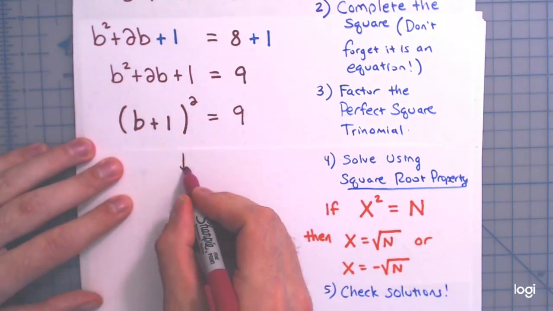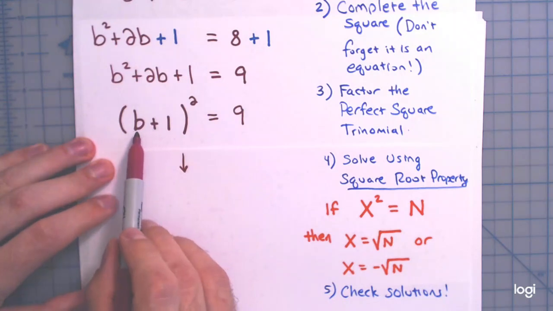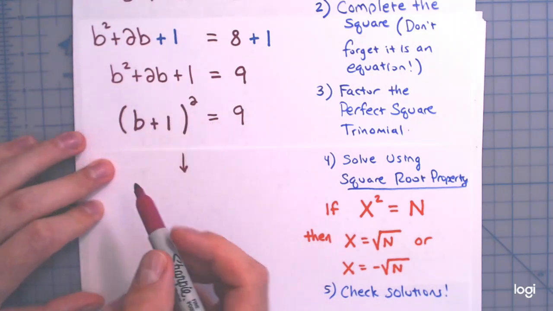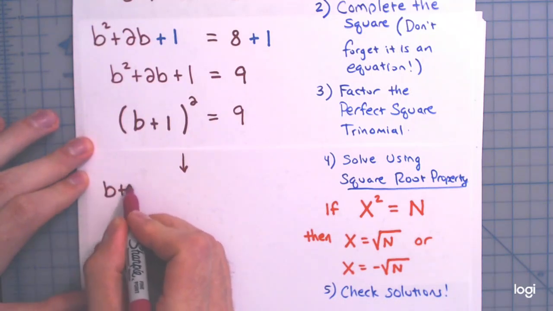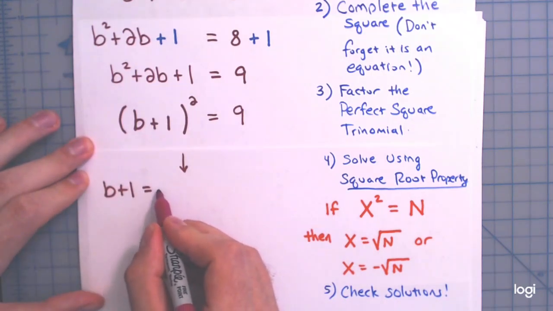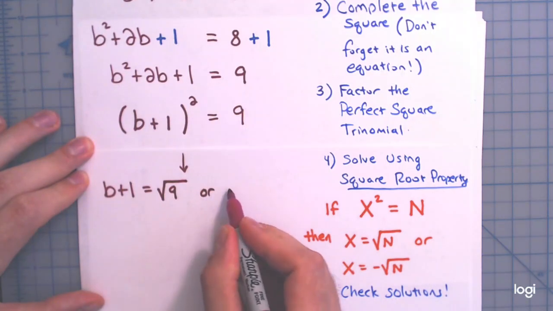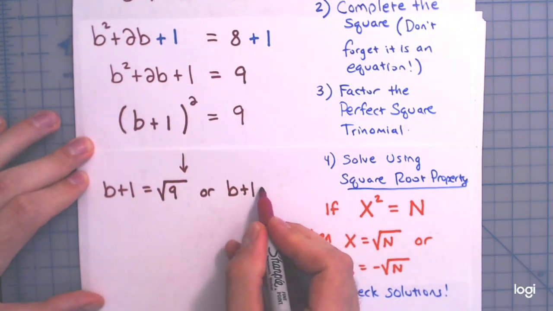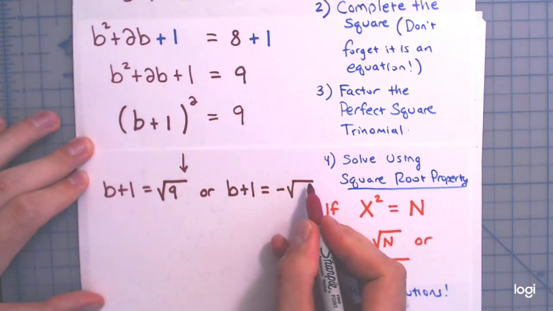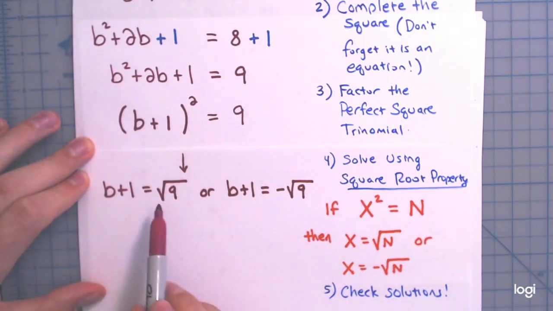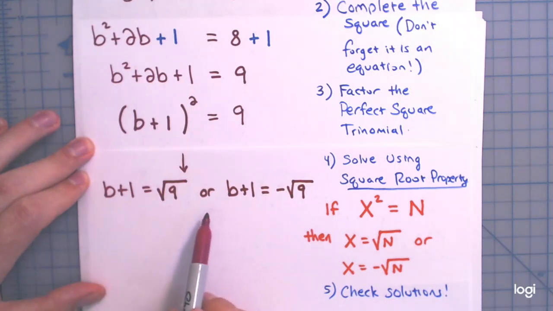By the square root property, if b plus 1 squared is equal to 9, that means b plus 1 could be the positive or principal square root of 9, or b plus 1 could be the negative square root of that number 9. I know sometimes you might see people write b plus 1 equals plus or minus the square root of 9.